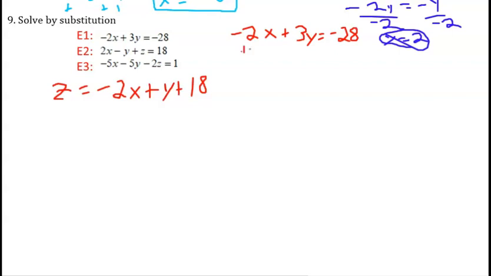Add 2x to each expression, both sides. We have 3y equals 2x minus 28. To get the y by itself, we divide each term by 3.